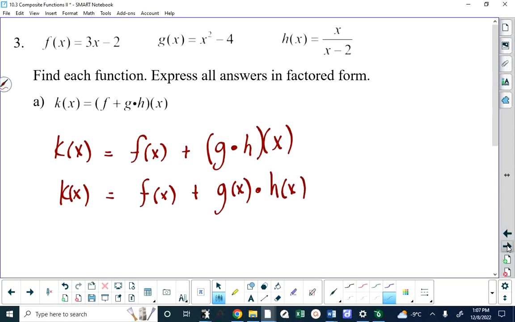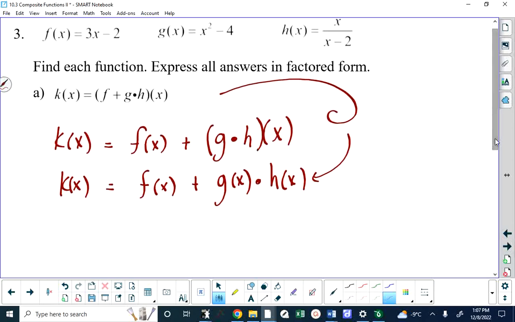And I certainly don't believe you need to write that middle line. You could just go right to there. And all we're asked to do is put this together now and simplify it. So what do we have? f of x is 3x minus 2. g of x is x squared plus 4, multiplied by, in brackets, x over x minus 2.